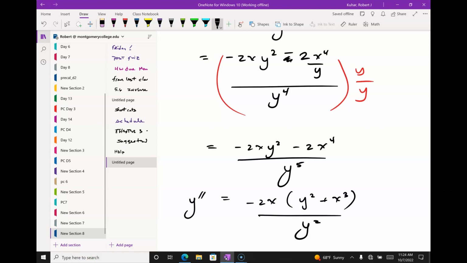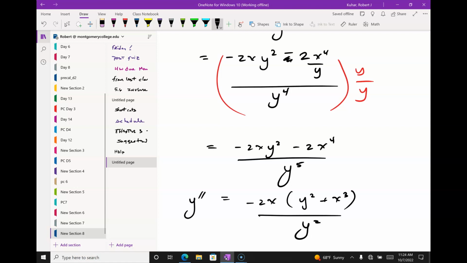So what was it, Jack? The organization in the first problem. And this one is just the y prime. Okay, you might have switched. Nice.